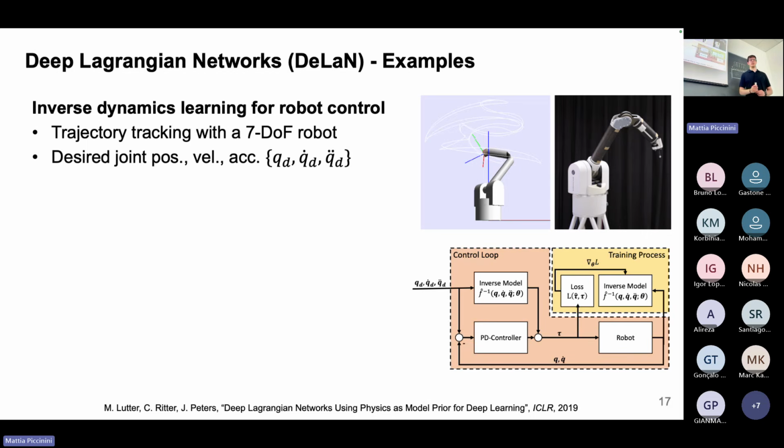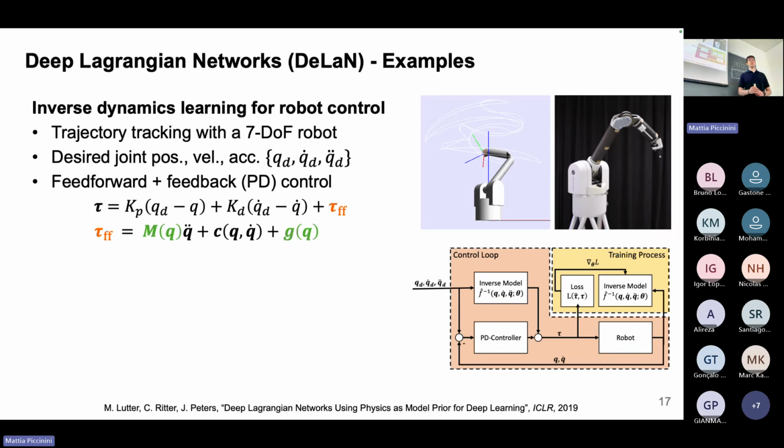So their idea was to say, okay, traditionally, to perform this task, you simply use a PD controller, a simple proportional derivative controller. So you have your tau, which is the motor torques at the joints. The robot can have one motor for each joint.